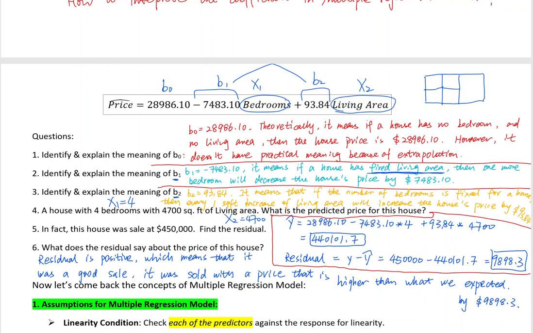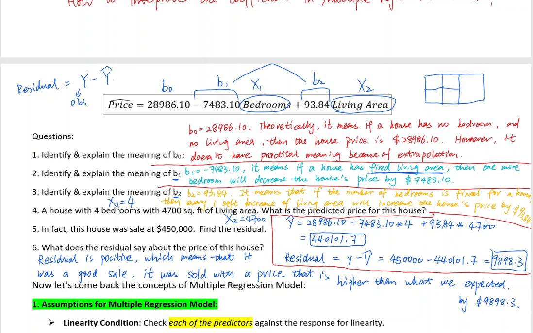All right, and then the next question: in fact this house sold at 450,000. Right? Find the residual. Remember what the residual is? The residual equals y minus y hat, right? So what is y? This is the observed value, just the information you collect from the real sale, right?